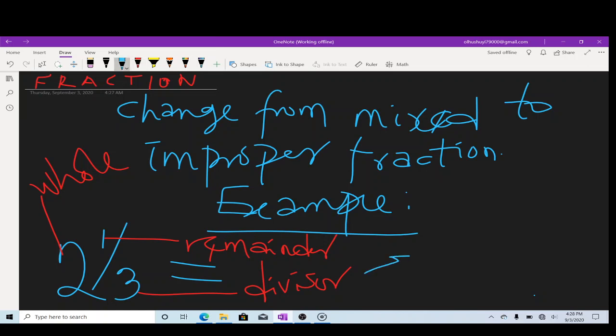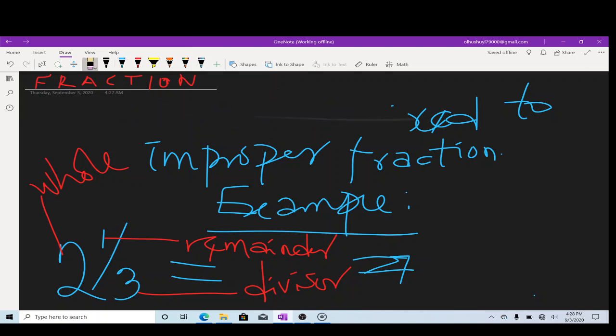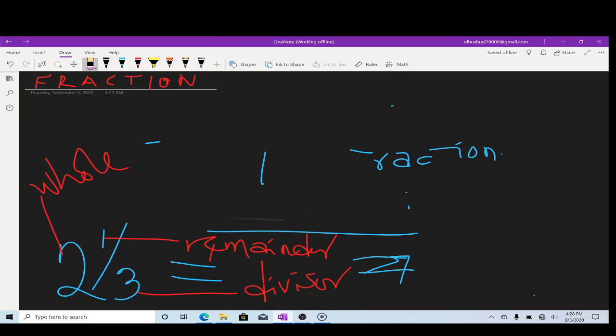Permit me to do this. You have your divisor times your whole. So the formula is this. Let me wipe this. I want you to see this clearly.